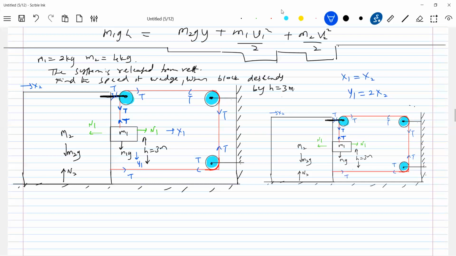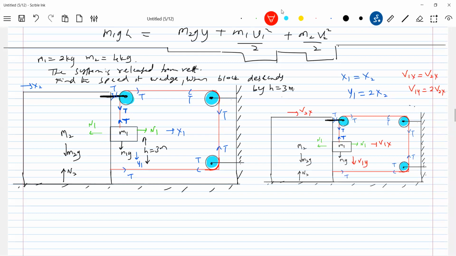The velocity of the wedge will be v2x, the velocity of the block v1x, and what about v1y? Got it? So now from the constraint equation, what can you write? v1x equal to v2x, then v1y equal to 2v2x. Got this? So this is the constraint equation.